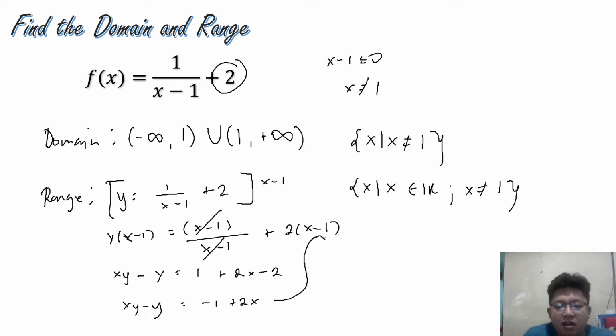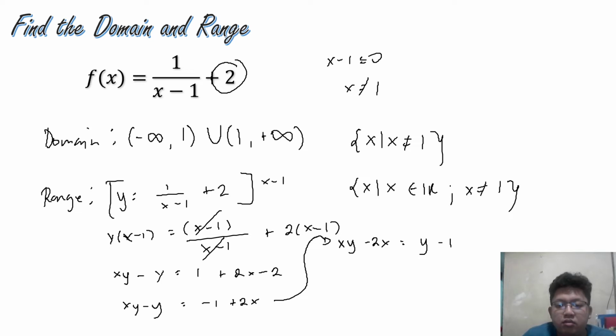Let's copy it first, bit by bit. The next step: let's put all expressions with the x variable on one side, so xy minus 2x equals. For the y variables, let's put them on the other side, because we need to see the y value alone on one side.